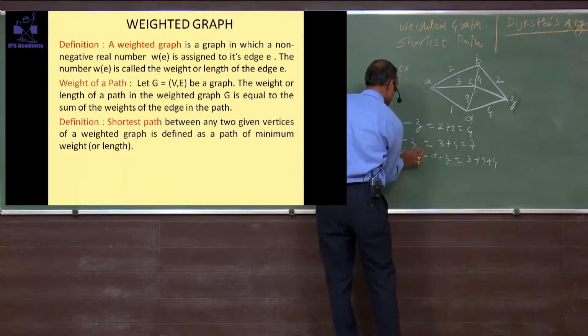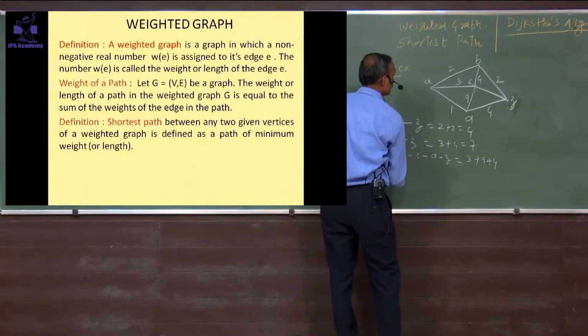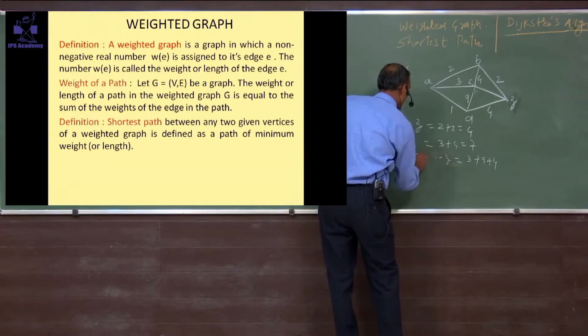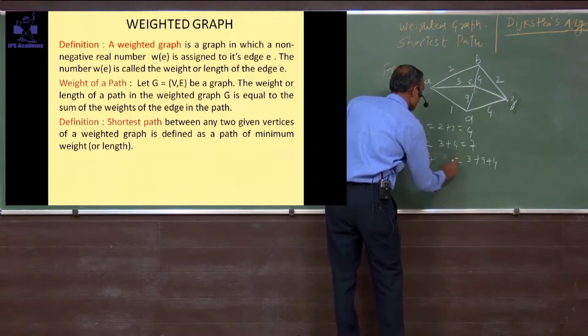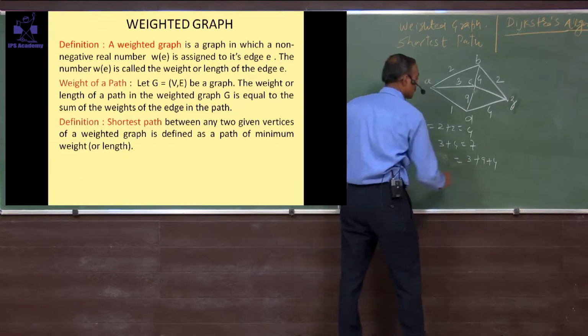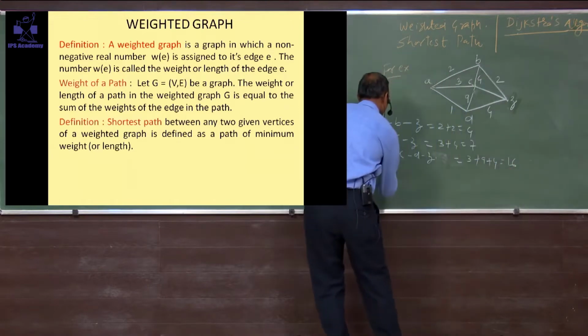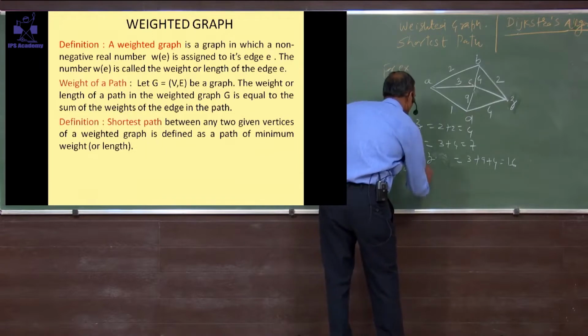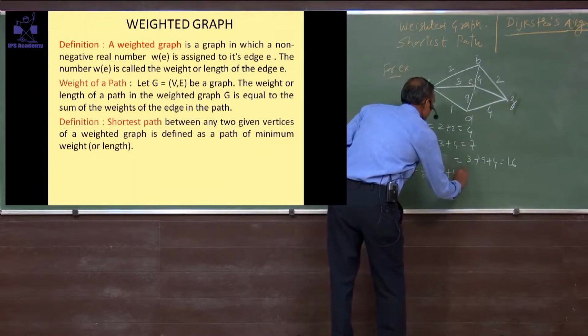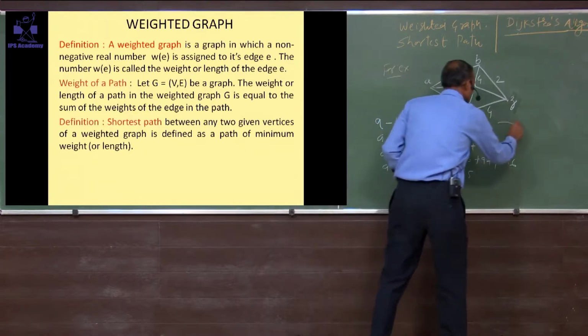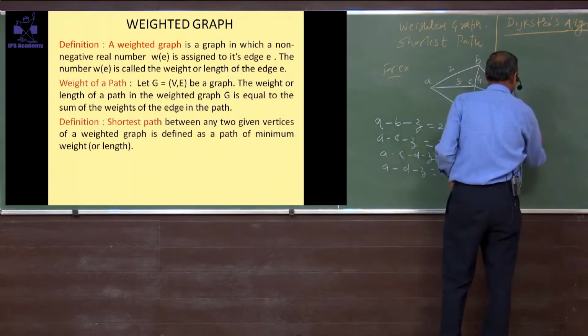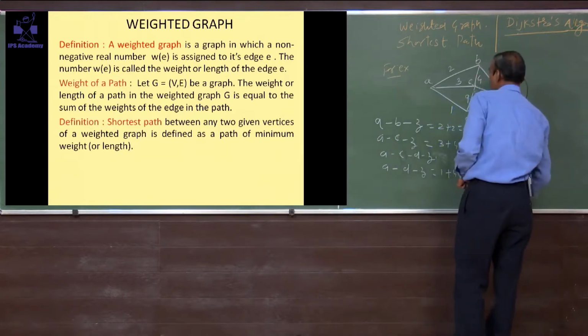Then A to C, C to D and D to Z equals 3 plus 9 plus 4, which is 16. And lastly A to D to Z equals 1 plus 4 equals 5. So these are the various paths between A and Z.